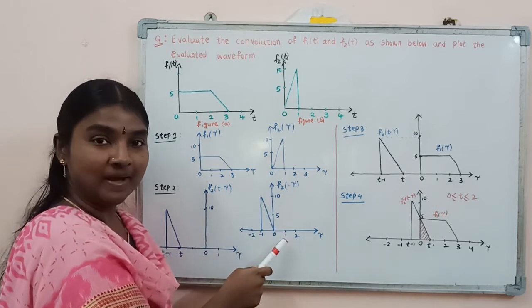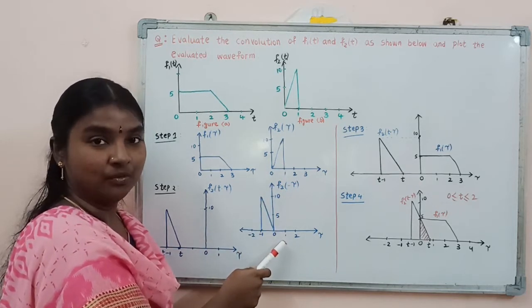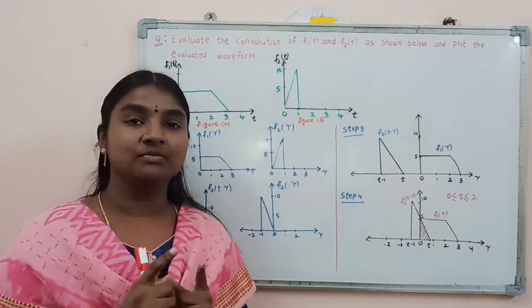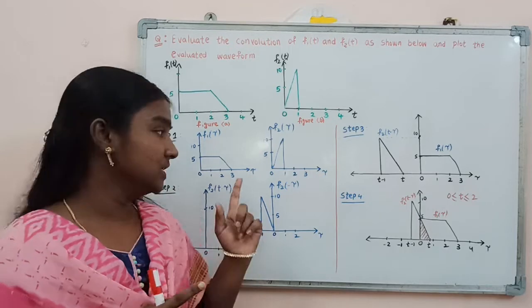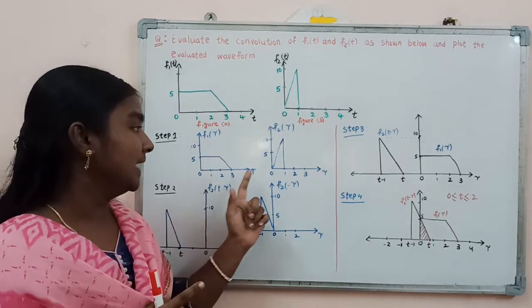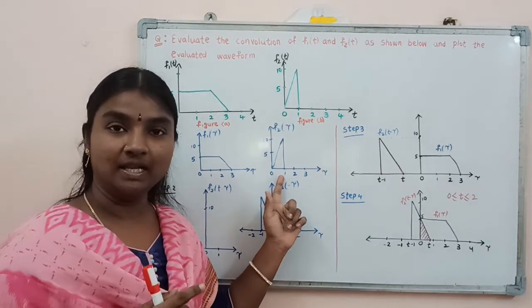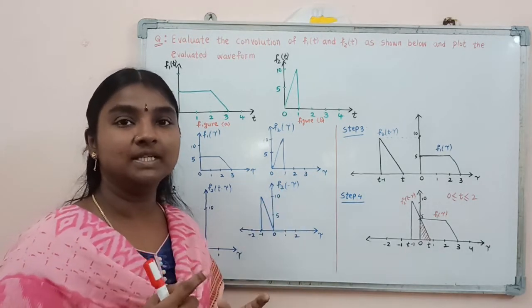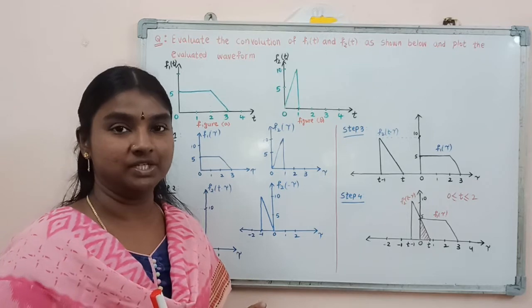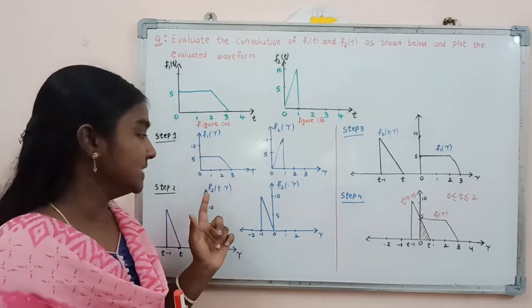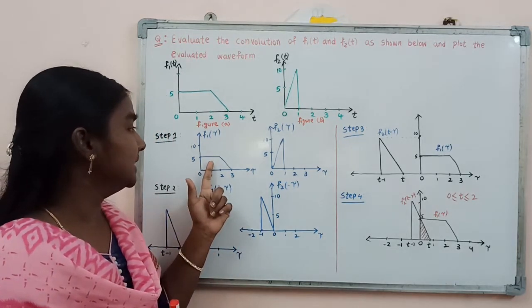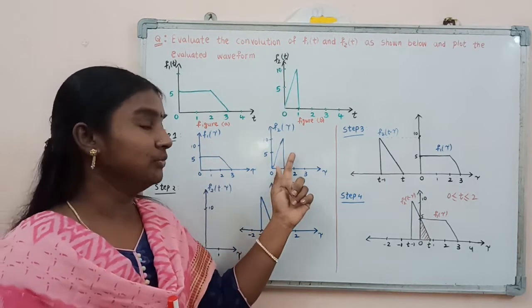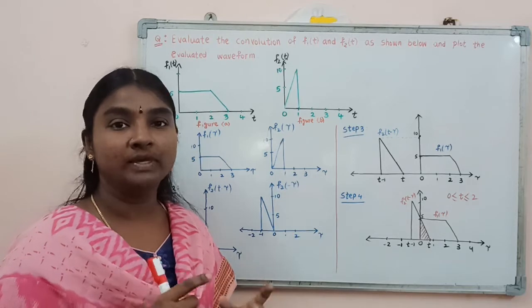When we are doing graphical convolution, one signal is kept constant, and the other signal is reversed, and with that signal we do the shifting operations. So in this procedure, we consider the f1 of tau signal as a constant signal and f2 of tau as a moving signal.